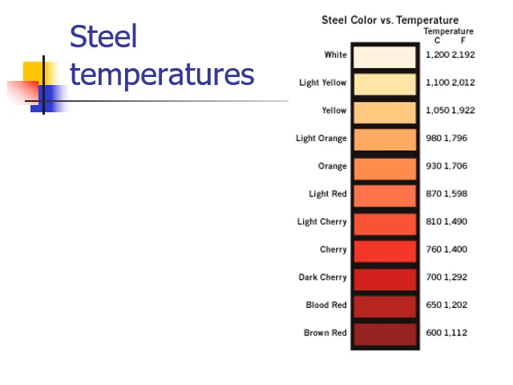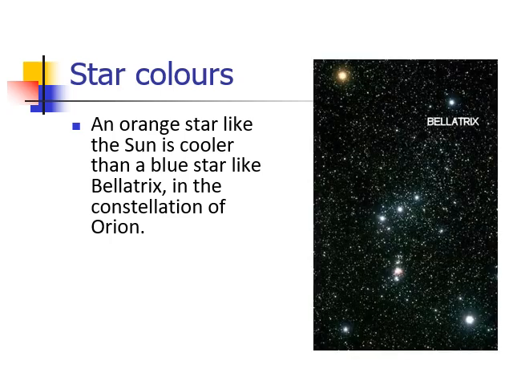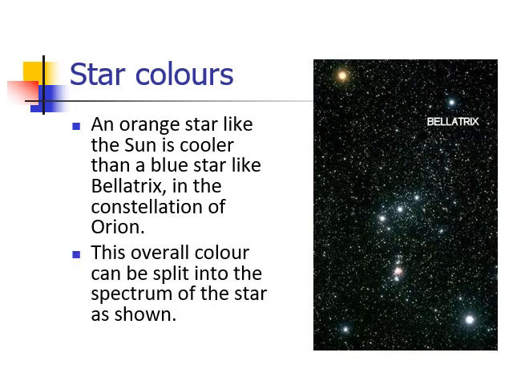And stars are the same. These stars of different temperatures have different colors. So an orange star like the Sun is cooler than a blue star like Bellatrix, which is within the constellation of Orion.